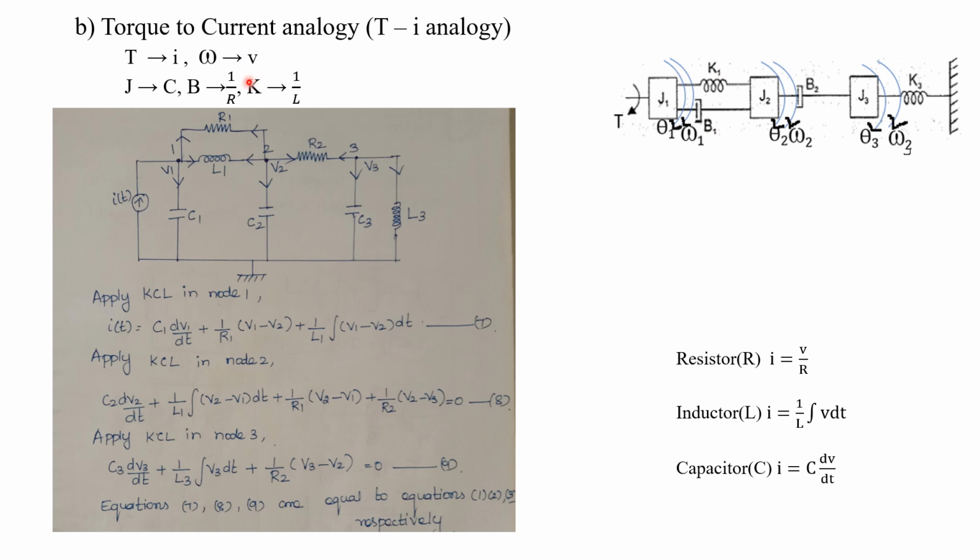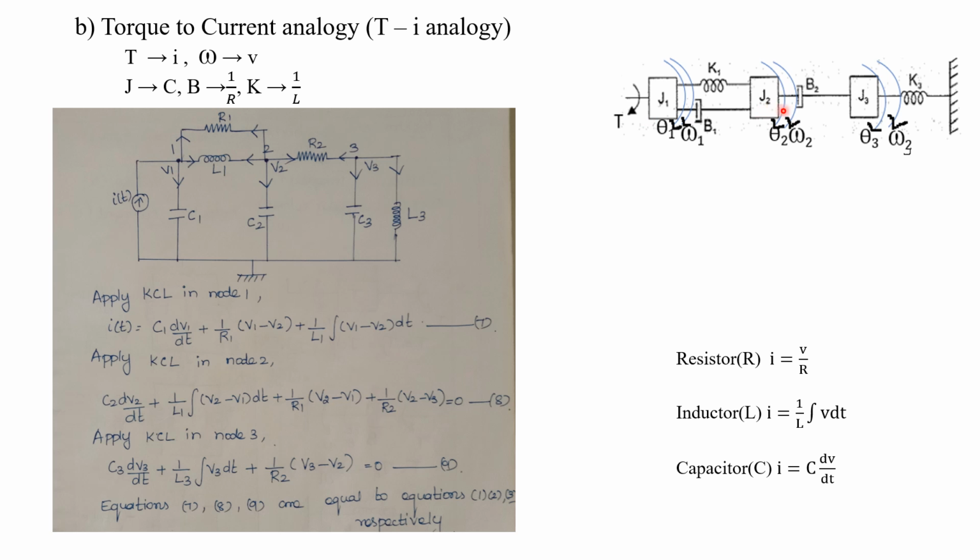K corresponds to L, so we have to draw L1 in between V1 and V2, or node 1 and node 2, because K1 is connected between J1 and J2. Then B1: B corresponds to R. B1 is also in between J1 and J2, so we connect this R1 in between 1 and 2. In this way we complete all the elements at node 1.